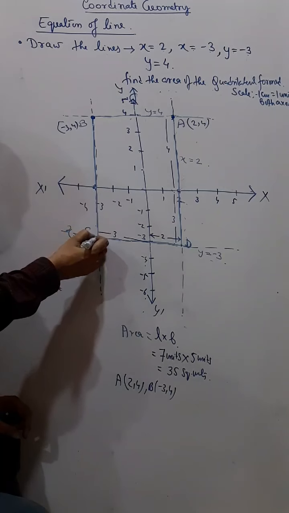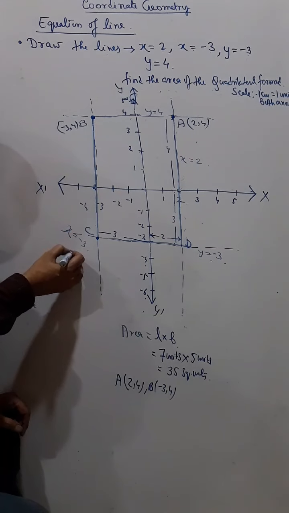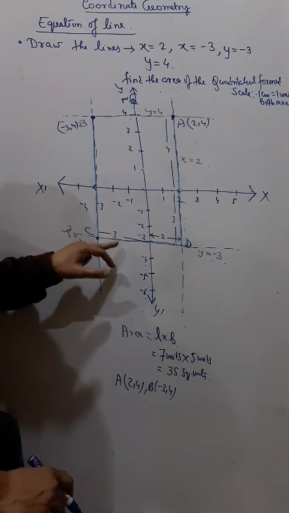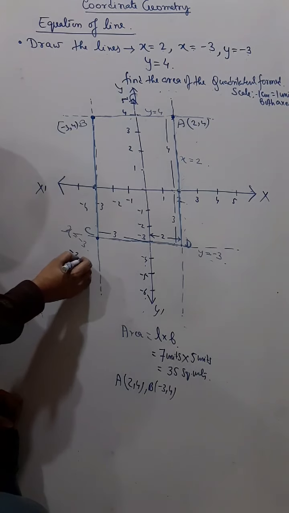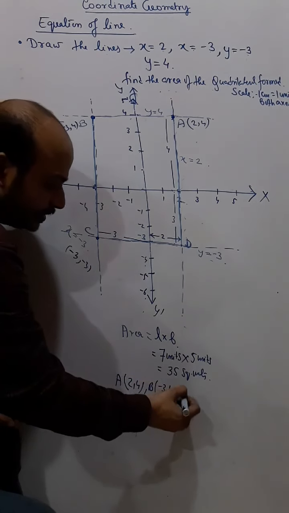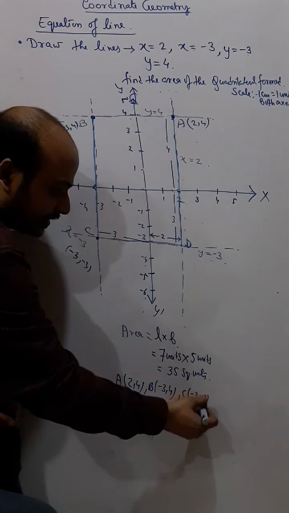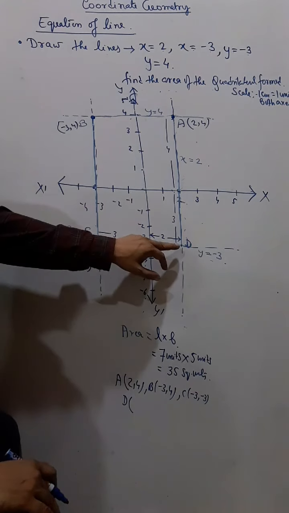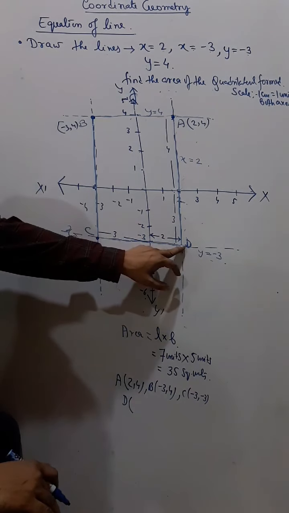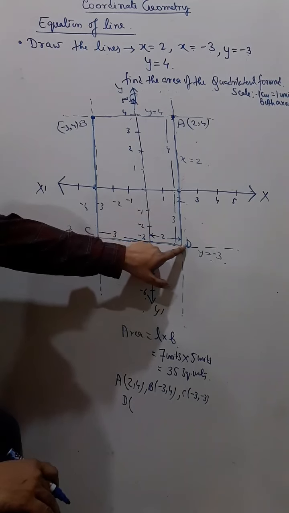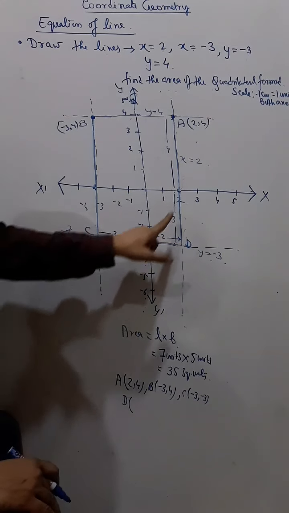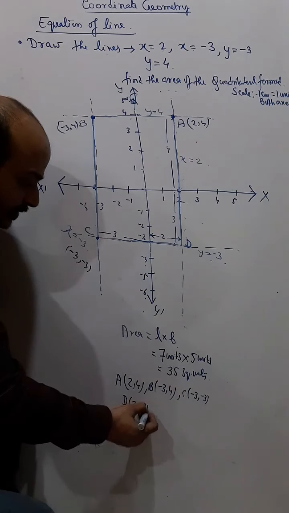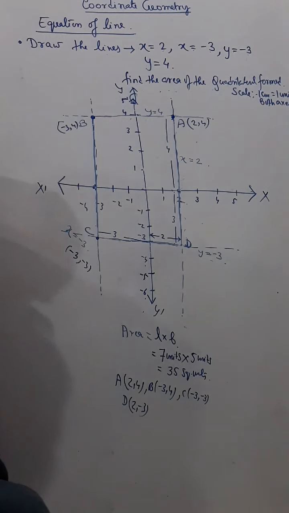Again C will be -3, -3, right? And D will be 2, -3. Okay, understand?